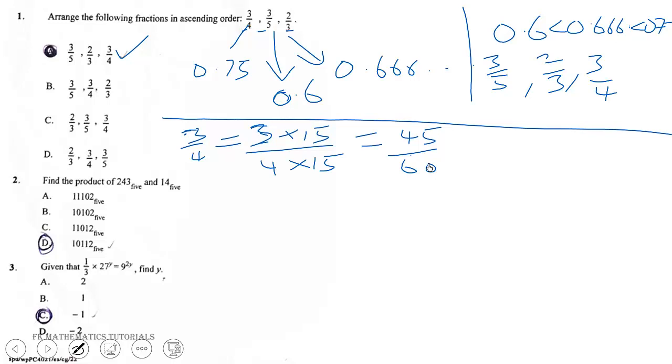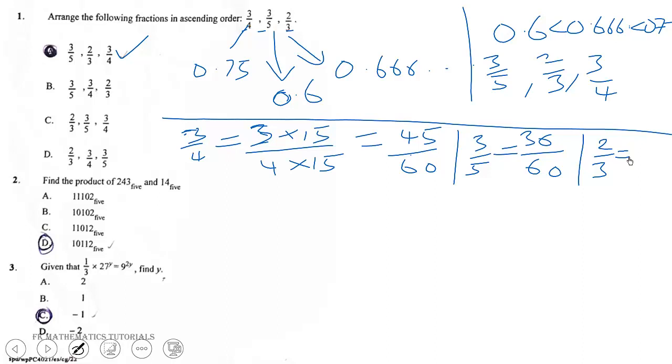Then 3 over 5. In a similar approach, you multiply both the top and down by 12. So 3 times 12 is 36 over 60. Then the last one, 2 over 3. Multiply both the top and the down by 20.